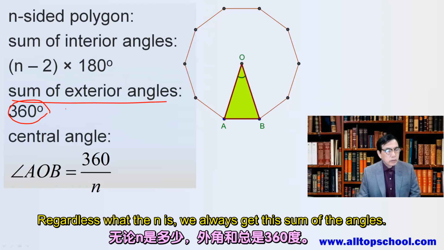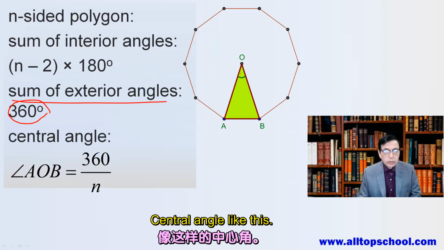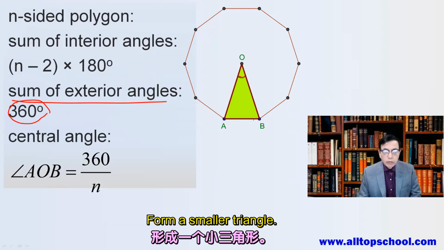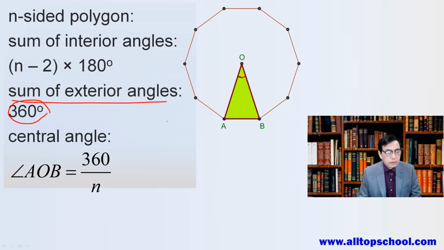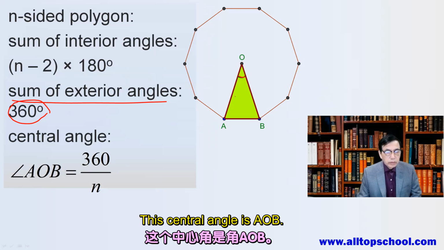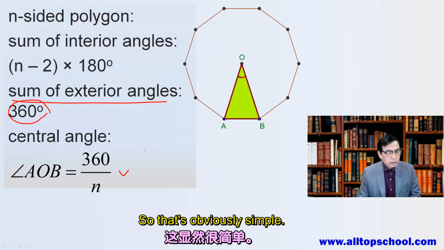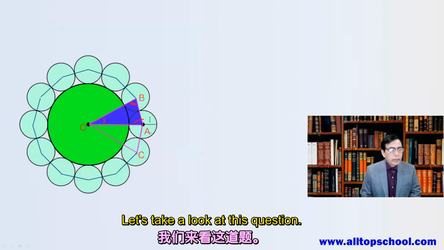For the central angle, two consecutive radii with the edge form a smaller triangle. This central angle AOB is 360 divided by n. That's obviously simple. Let's take a look at this question.